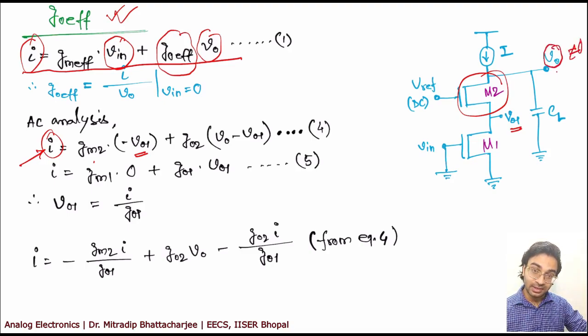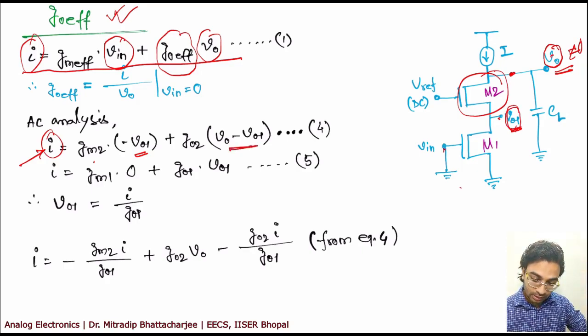Previously we considered V0 equal to 0, your output voltage equal to 0. Now it is not equal to 0. So what previously we said, your VDS value is 0 minus V01, but in this case now it is not 0, so it will be V0 minus V01. So that is exactly what I have written.